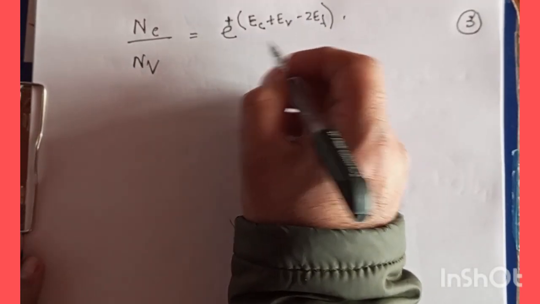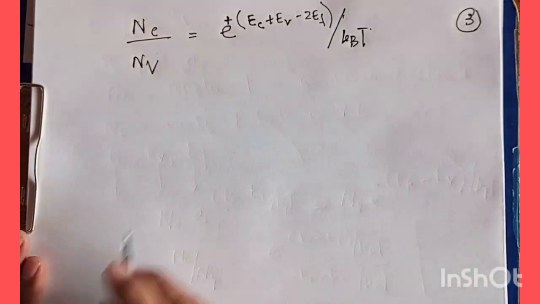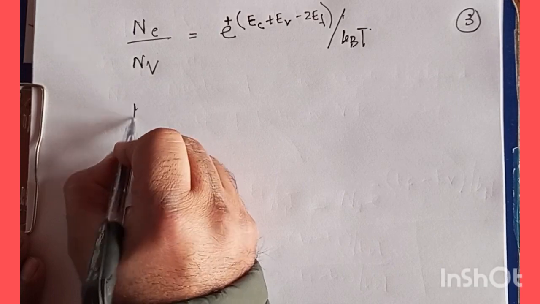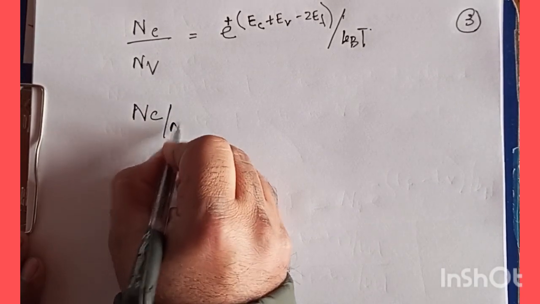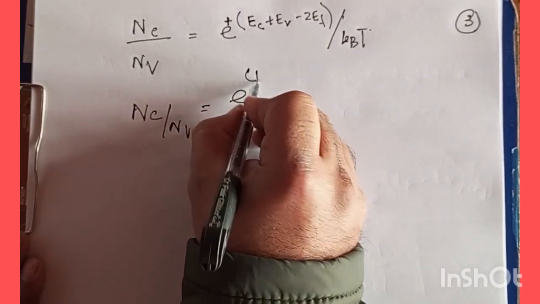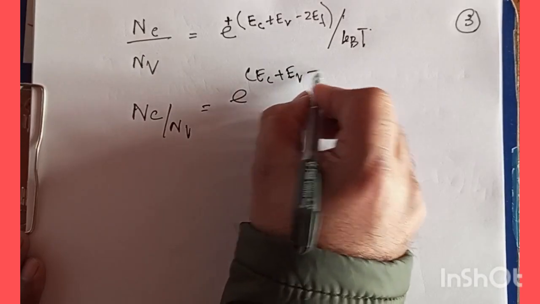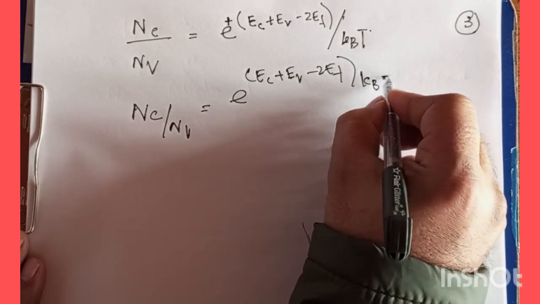So I can write N_C by N_V equal to e to the power of (E_C plus E_V minus twice E_F) divided by k_B T.